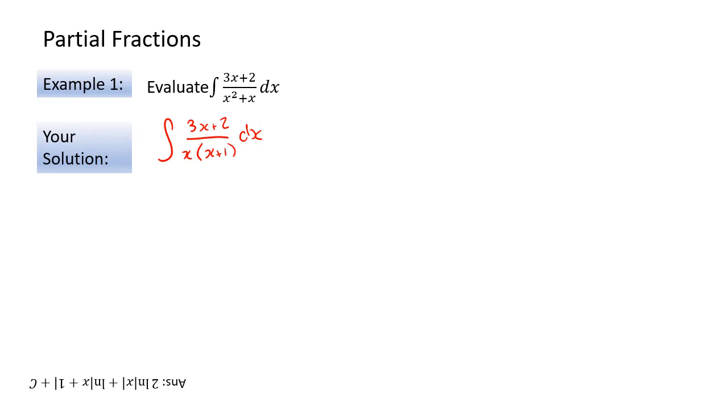So we see that we have two factors here. So what that means is we can rewrite this as 3x plus 2 over x times x plus 1 has to equal a divided by x plus b divided by x plus 1. Okay, with each of those denominators being just one of the two factors that's sitting here.